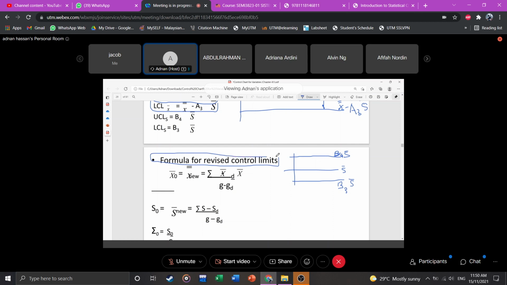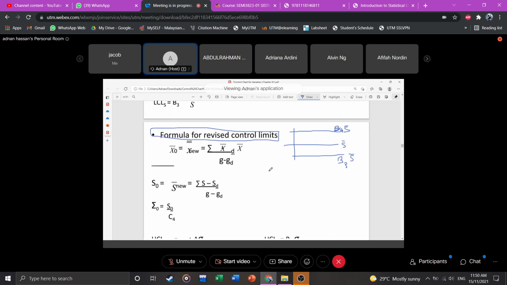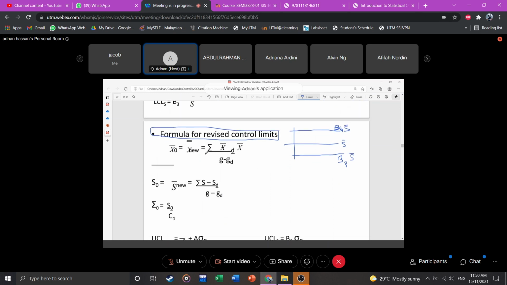Okay, the revised control limit. Let me rewrite this, it's not so clear here. For the revise, you can use either this symbol, X double bar new, meaning the revised central line, or sometimes they use this symbol. But be consistent with the symbol that you use.